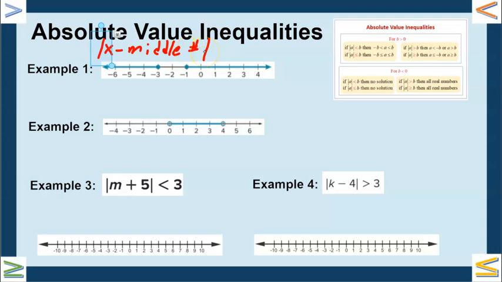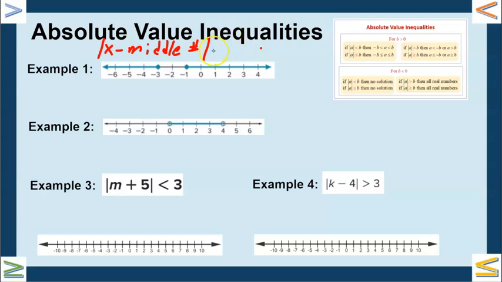When I say the middle number, I'm talking about the number between the 2 points. So the number between the 2 points here is a -2. And then it's either going to be greater than, less than, greater than or equal to, or less than or equal to, and then the distance from the middle number to the points.